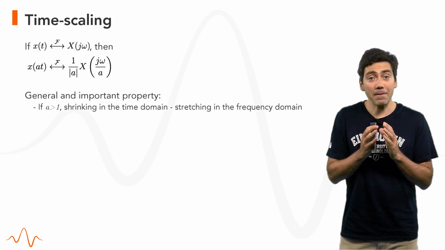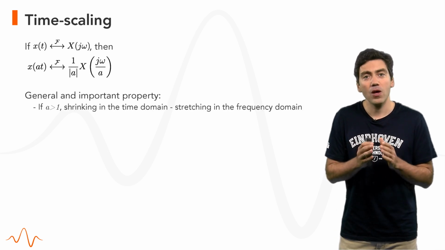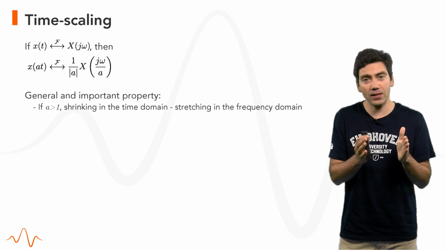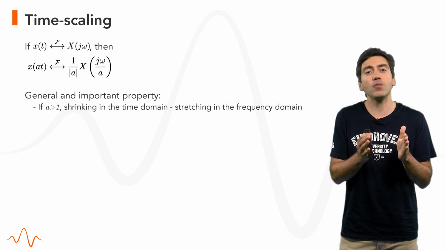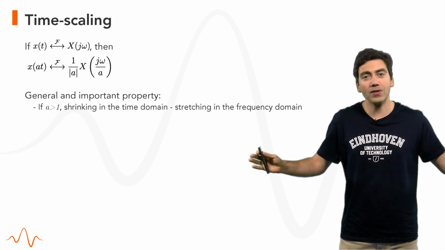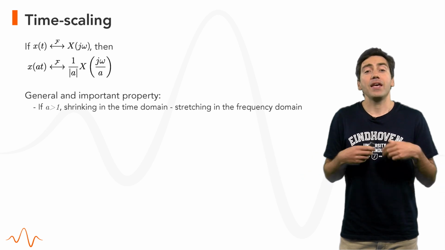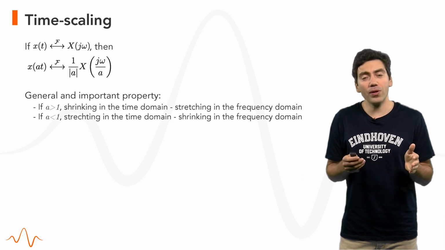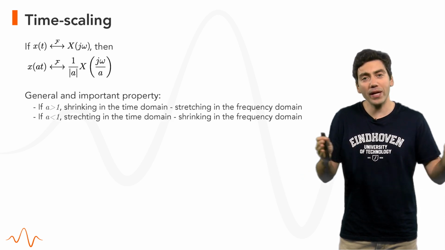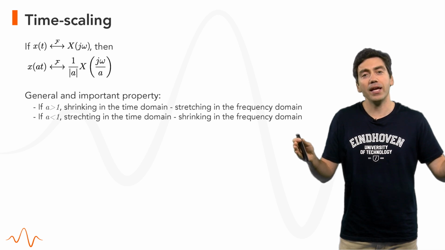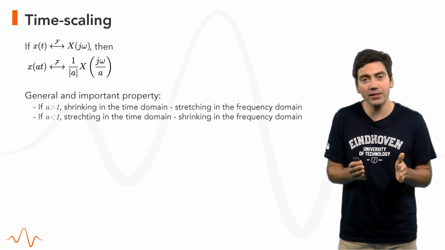If a is larger than 1, we are shrinking the signal in time, and that means that we are stretching the signal in frequency. If a is smaller than 1, we are stretching the signal in time, and we are shrinking the signal in frequency.